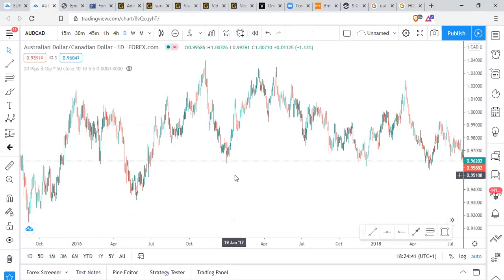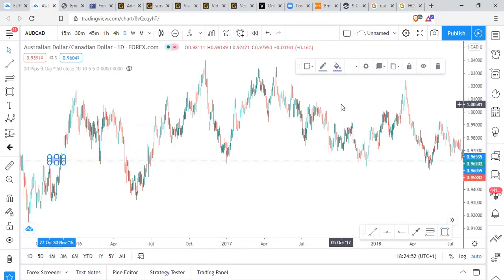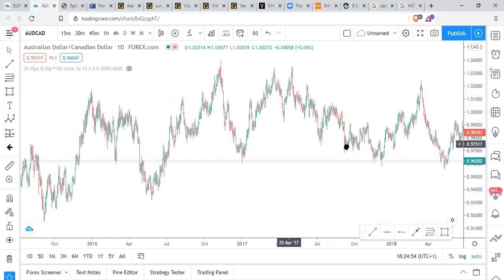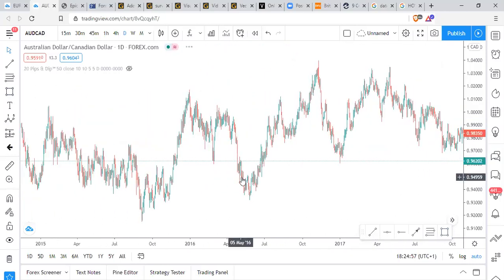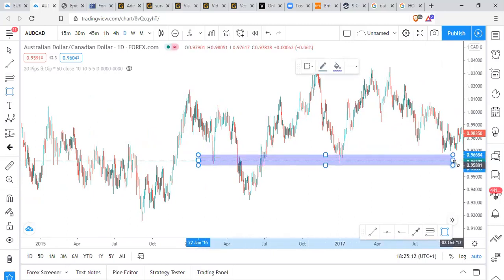Okay, so basically, this is what I mean. Now let's imagine this is what has been happening in the market. We saw all these reactions. Then currently price is at this point. I get my rectangle and I draw this zone.